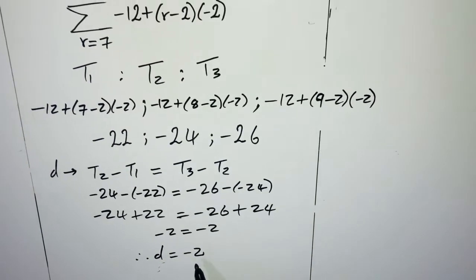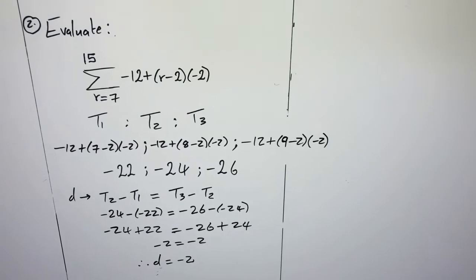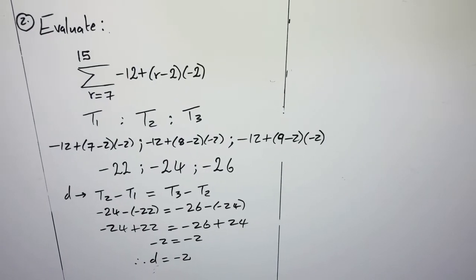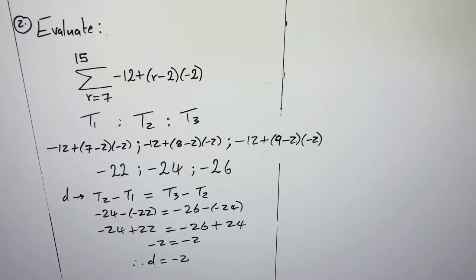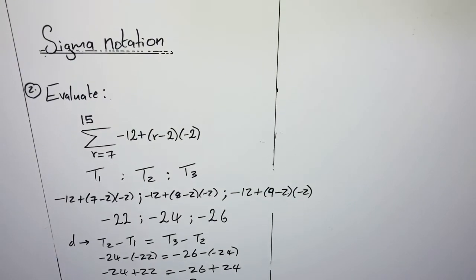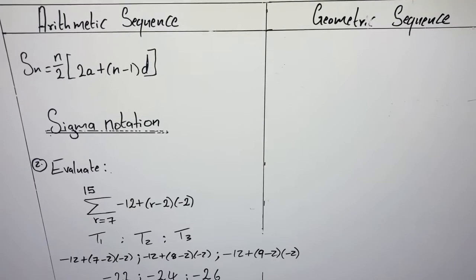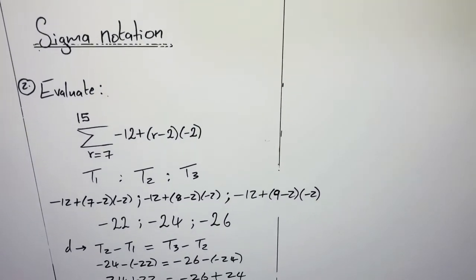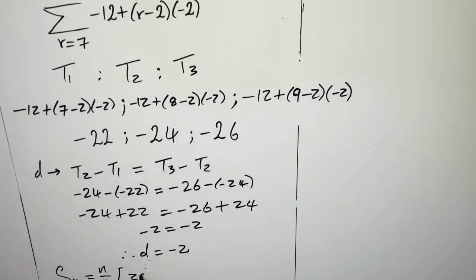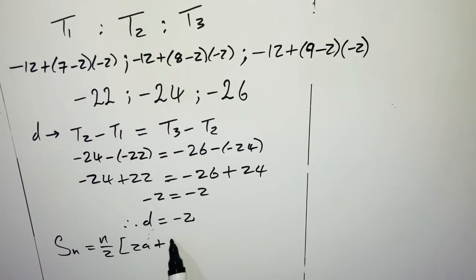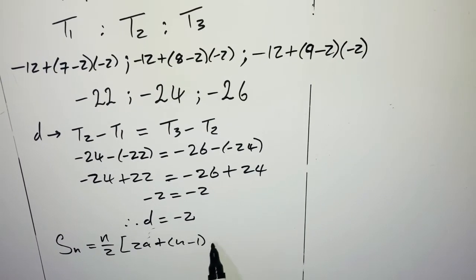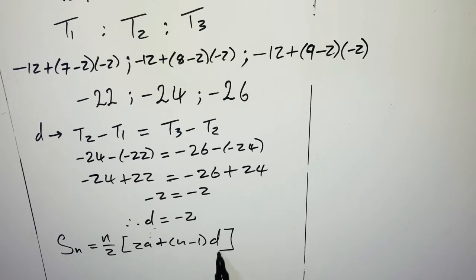Now that I found my common difference, I can conclude that I'm dealing with an arithmetic sequence. Then I'll have to write down the arithmetic sequence sum formula, which is n over 2 times 2a plus (n minus 1)d.